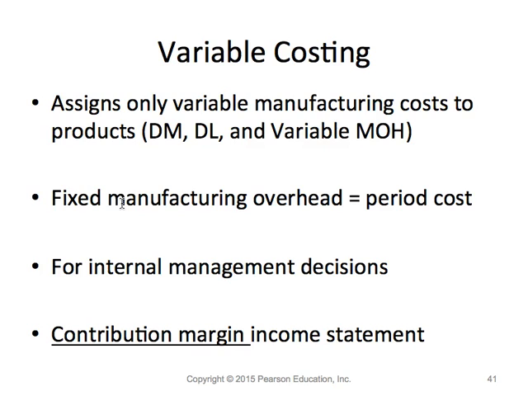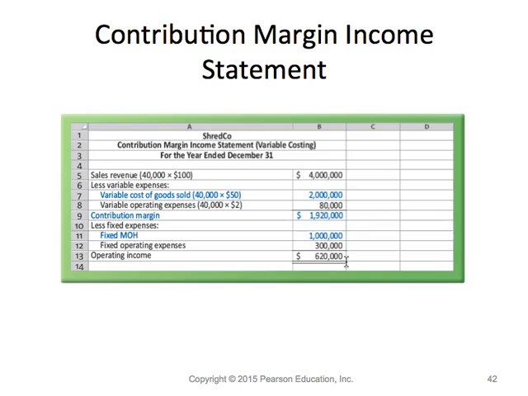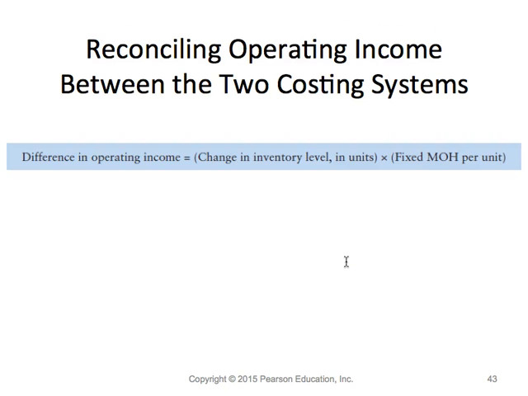In that way they can manage their production and budgeting costs much more efficiently. So it's basically for internal management decisions, and we're not going to look at this one here. So, reconciliation. What is reconciliation?